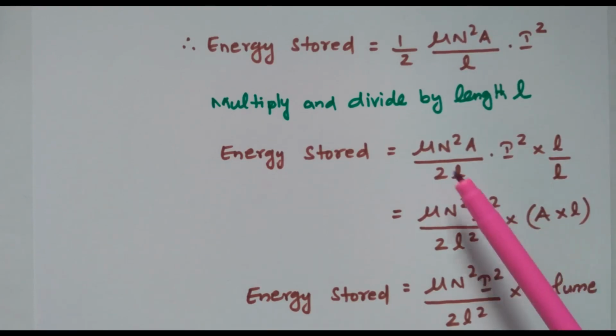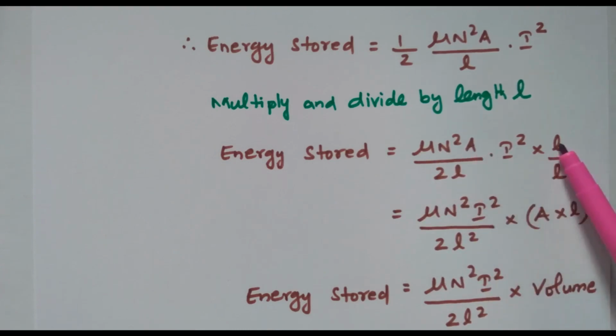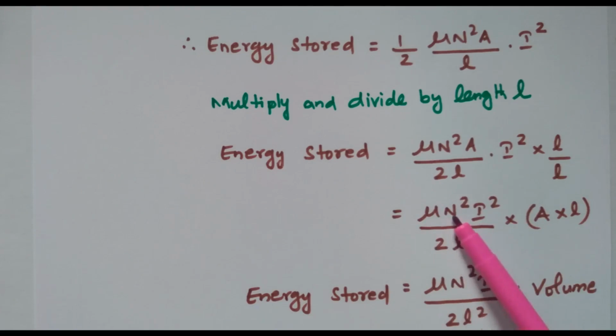Now rewrite this: mu n square divided by 2l into I square. A into l is written separately, right? A into l, area into length. The remaining terms are written here: mu n square I square divided by 2l. Here 2l is available, and one more l is available, so l square. A into l is rewritten.